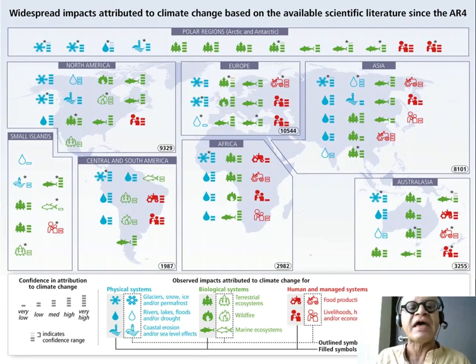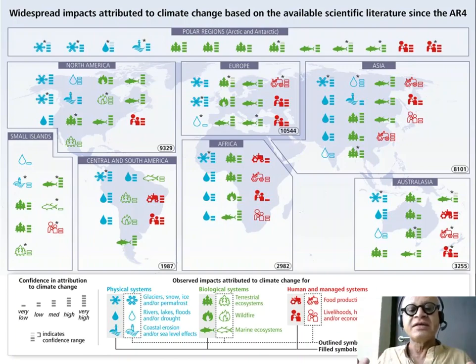So many of them have high confidence, very few of them have very high confidence, but it really depends on things. So the main thing you notice is this is going from polar regions, both Arctic and Antarctic, and all the continents and all the oceans. Okay, terrestrial and marine biology, food production everywhere, and so on.